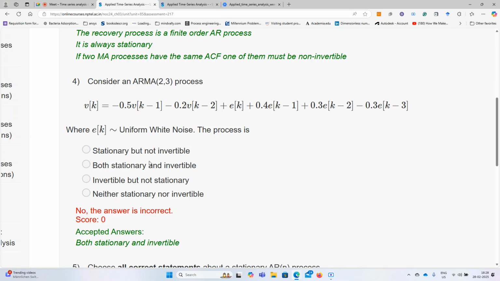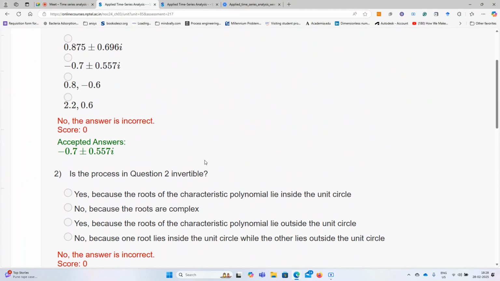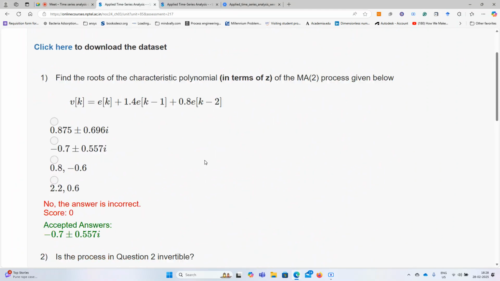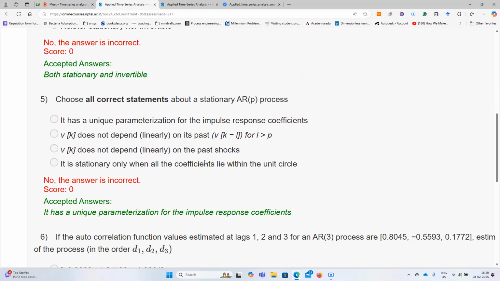Invertibility does not depend on whether it depends upon itself or is independent of itself. And yes, for this process, it's stationary. You can check that through the same process as you have done here, with the Z transform.